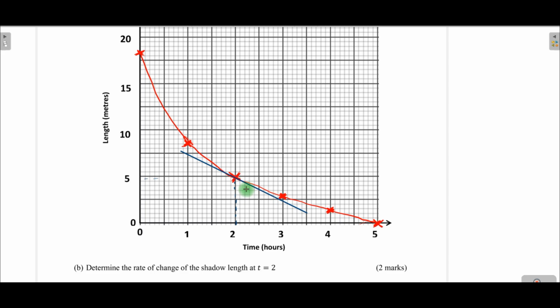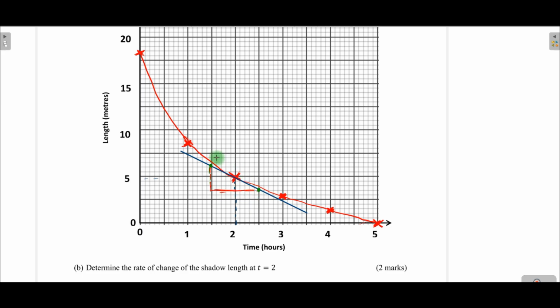Therefore, I need to find the gradient. I just consider two particular points that I can read well. I can consider this point here, and the other point, and therefore I'm going to make a sketch.